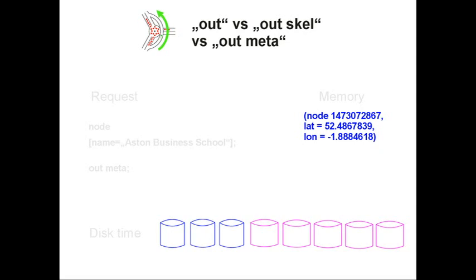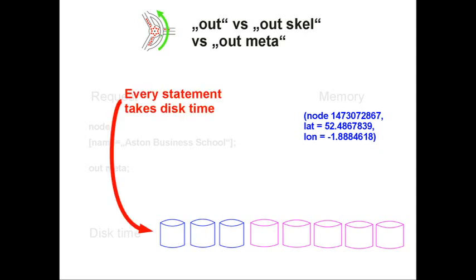To sum up, every statement takes its own small or large amount of disk time, and internally the Overpass API only stores skeletons. For that reason, every more verbose output statement will take more runtime.